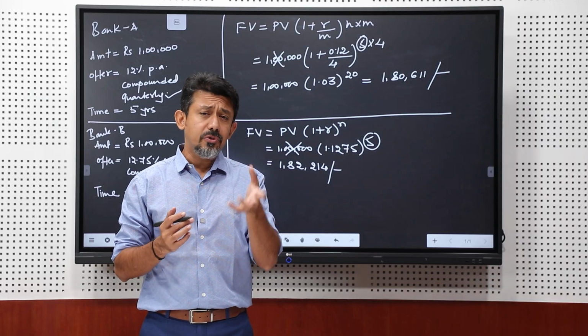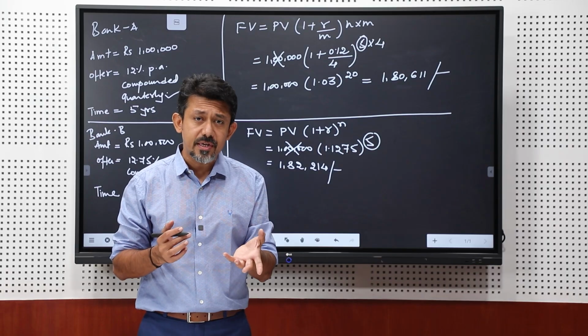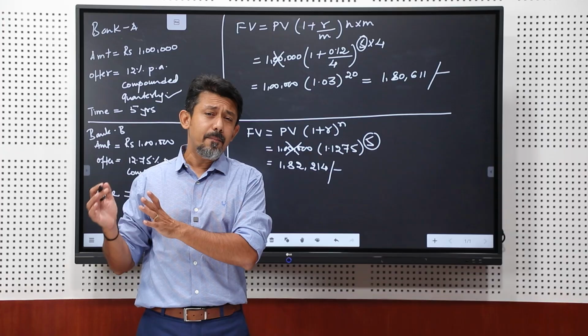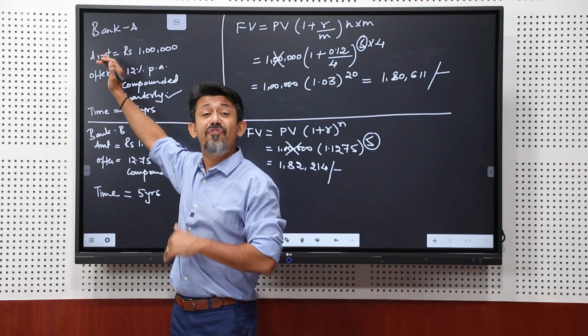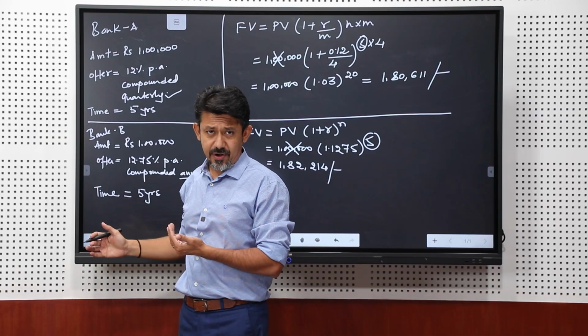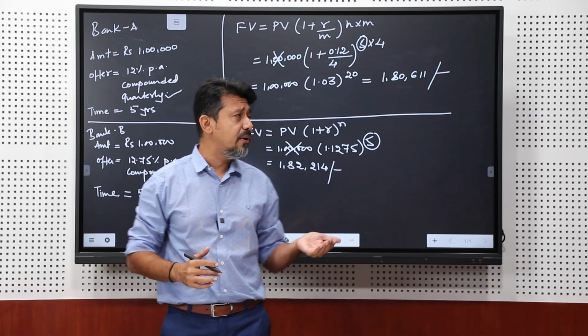If you are wired to think in terms of a rate of interest, then this calculation doesn't appeal to you. I want to compare bank A's effective rate of interest with bank B's effective rate of interest. And why am I using effective?